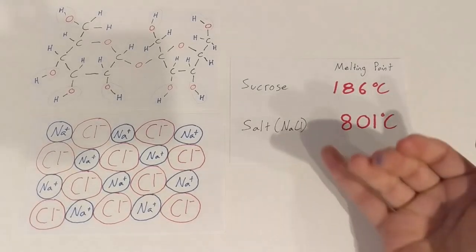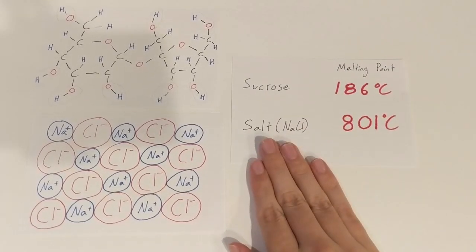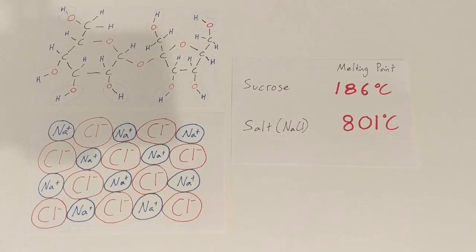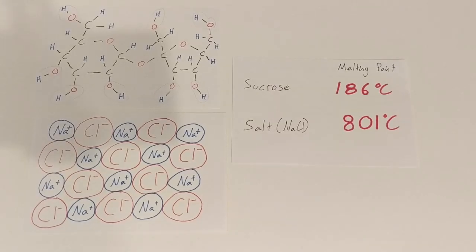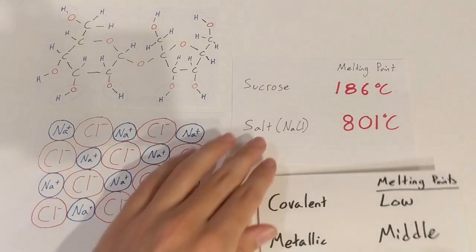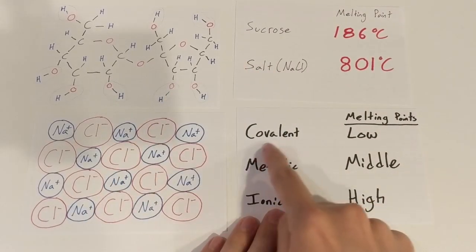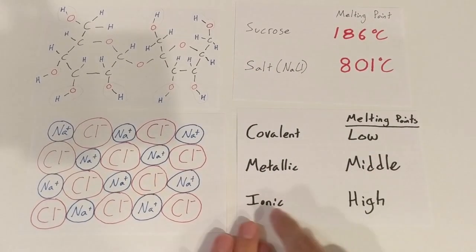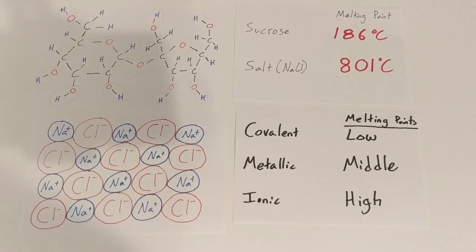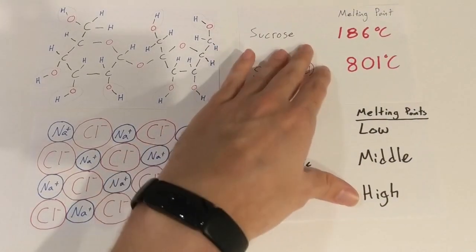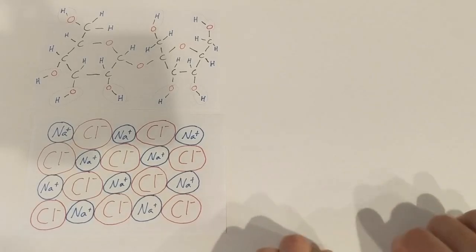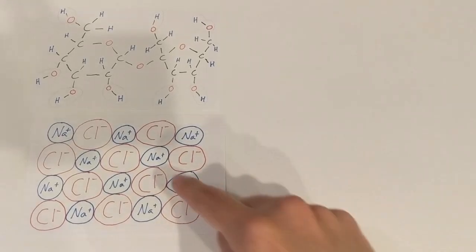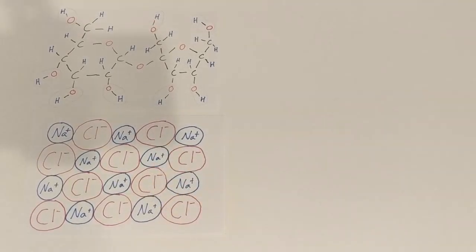But when we compare it to sodium chloride, which melts at 801 degrees Celsius, it's very, very low. So again, back to this, our covalent compounds usually have much lower melting points than our ionic compounds. And that's because of the full charges in between each of those ions.